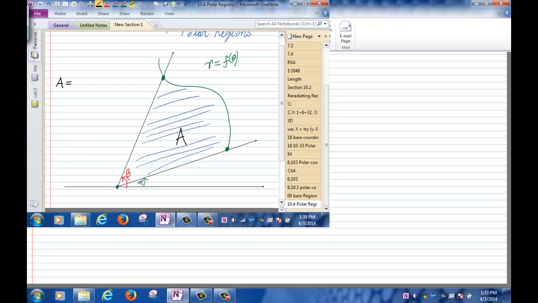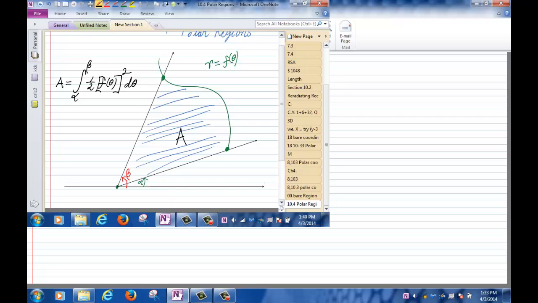So what we are going to show today is that this area is given by an integral, and the integral is from alpha to beta, okay, of half of f of theta, squared d theta. So if I have a region like this, now think of the region in the following way.